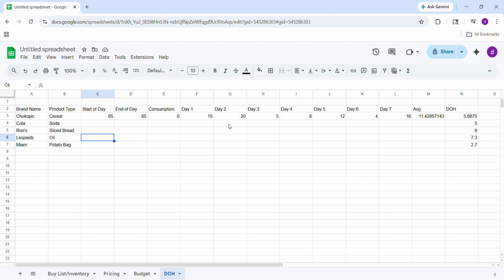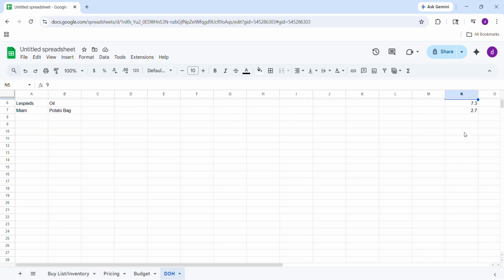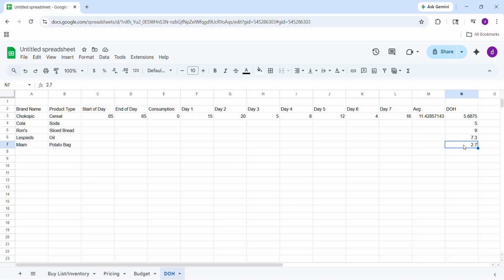Type it in here. Your average will auto-populate as long as the formula works correctly. Your DOH will automatically populate, and then just eyeball scanning down and see, all right, this is like 2.7, under 3. I need more potatoes. I need to buy all my potatoes. Or you can even do this where you say a box of something expensive like steak or sushi, and you add it to the start of the day, and it brings it up over the 3-day limit.